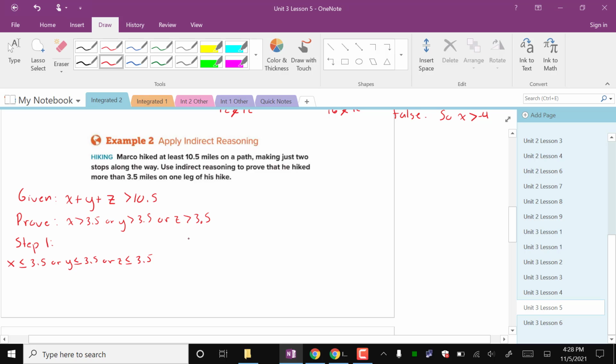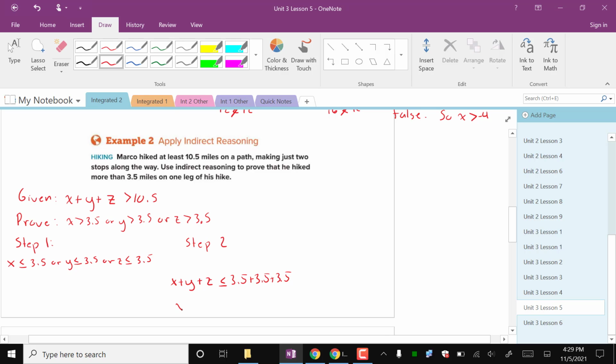Step 2, we want to contradict the hypothesis. So if x is less than or equal to 3.5, y is less than or equal to 3.5, and z is less than or equal to 3.5, then x plus y plus z is going to be less than or equal to 3.5 plus 3.5 plus 3.5.